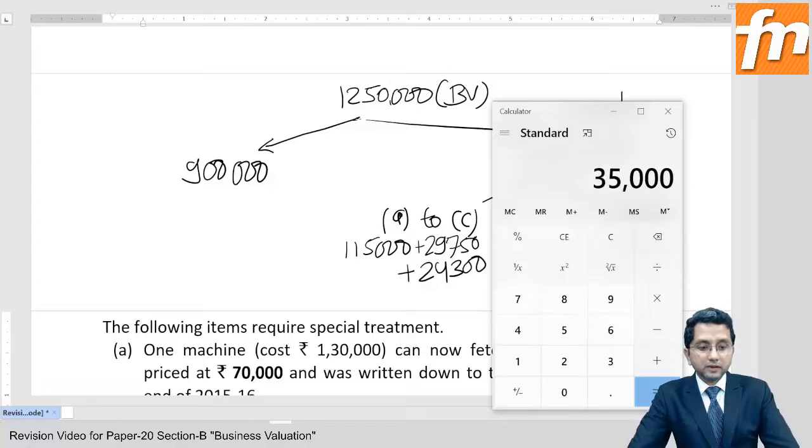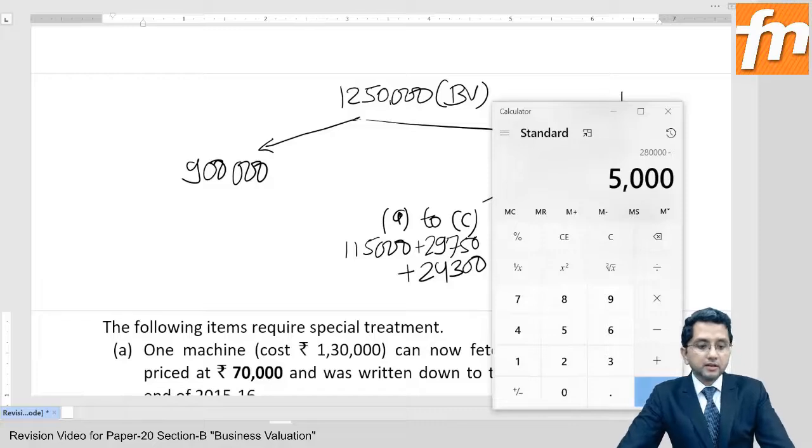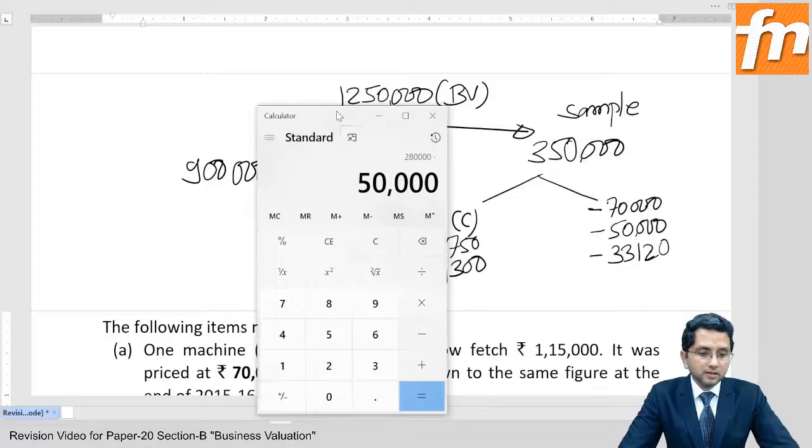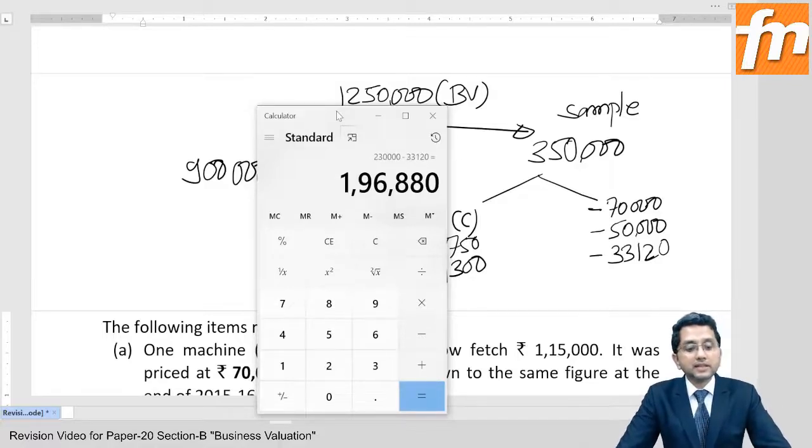So 3,50,000 minus 70,000 minus 50,000 and minus 33,120. So now this has a book value of 196,880, the book value of remaining items.